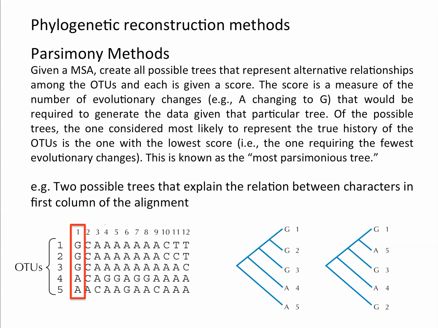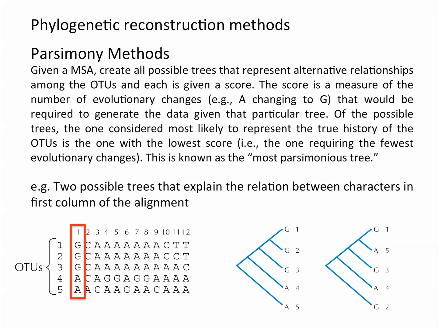As an example, imagine that we have a DNA sequence from 5 taxa. In a parsimony analysis, our goal would be to generate all the possible trees showing the relationships among the 5 taxa, and then to determine the number of evolutionary changes that would be required to generate the sequence alignment given each of those trees.